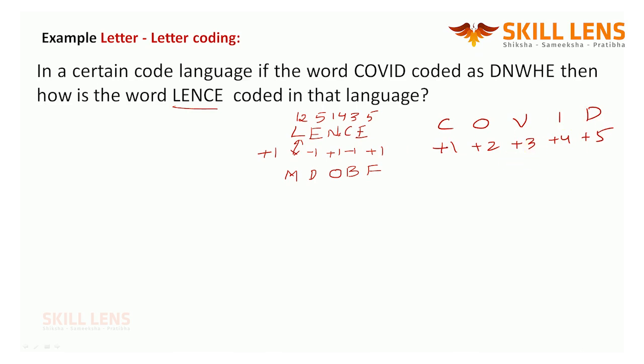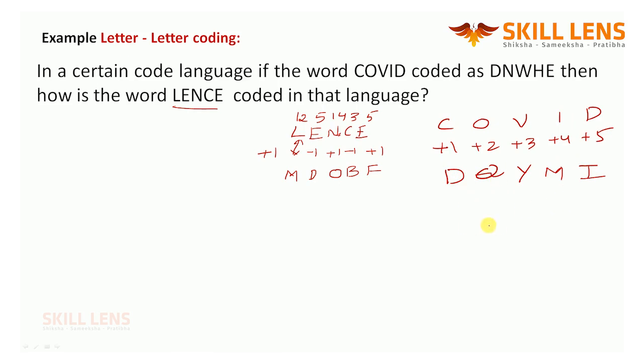If I want to make this question, C plus 1, D. O, 15. 15 plus 2 is 17. 17th letter is Q. V, 22. 22 plus 3 is 25. 25th letter is Y. I is 9. 9 plus 4 is 13. 13th letter is M. D is 4. 4 plus 5 is 9. Ninth letter is I. So COVID is coded like this also, DQYMI.